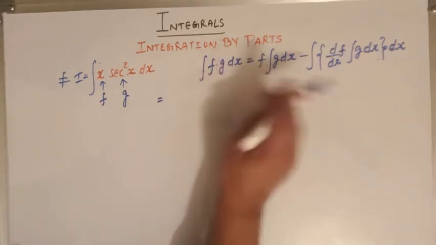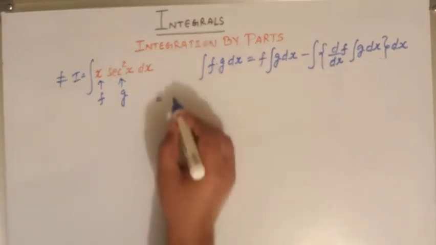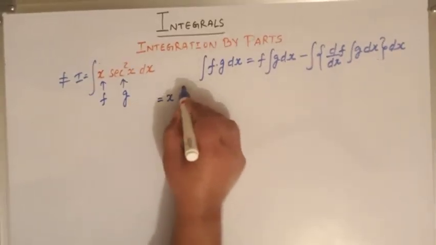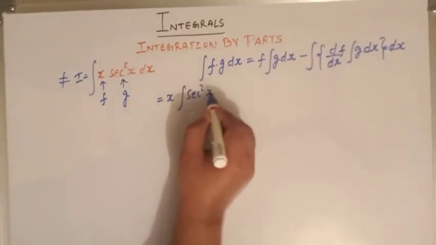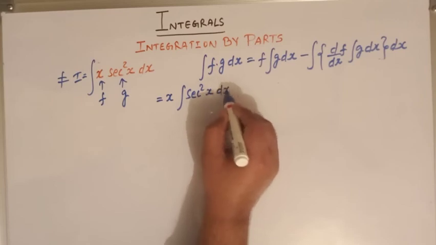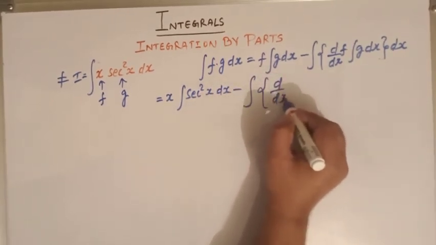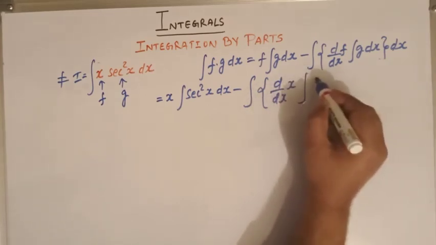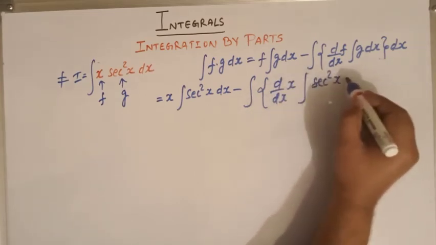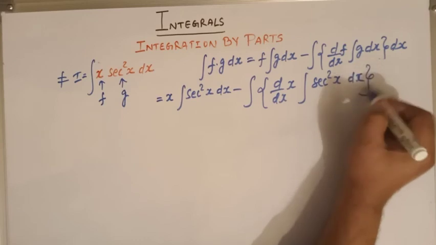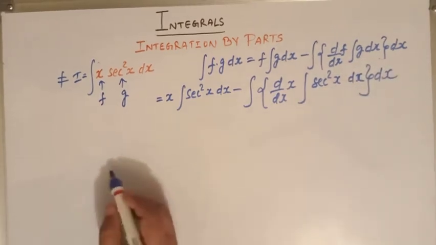Therefore, applying this formula to this integral, we have x times the integral of sec square x, minus the integral of the derivative of x times the integral of sec square x, dx.